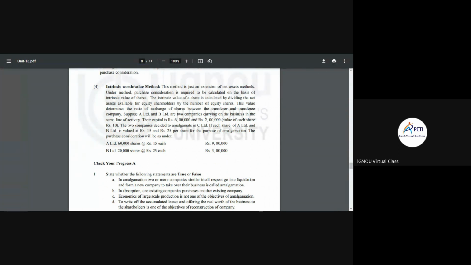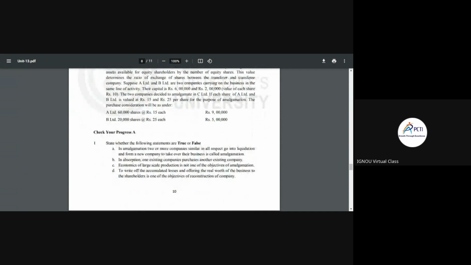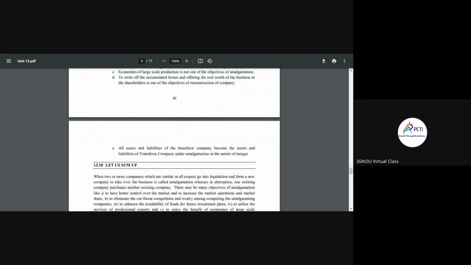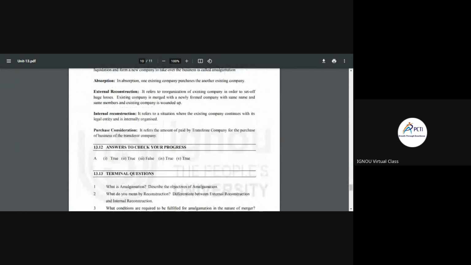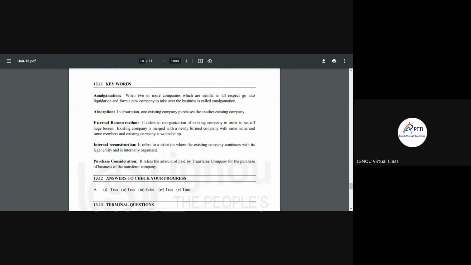If each share of A Limited and B Limited is valued at rupees 15 and 25 per share for the purpose of amalgamation, the purchase consideration will be, for A Limited, 60,000 shares at rupees 15 each, so the amount will be 9 lakh, and for B Limited, 20,000 shares at rupees 25 each, so the amount will be 5 lakh. So like this we need to solve all our questions.